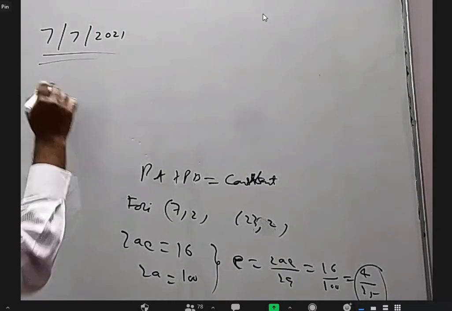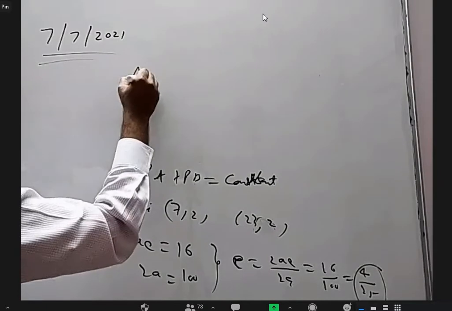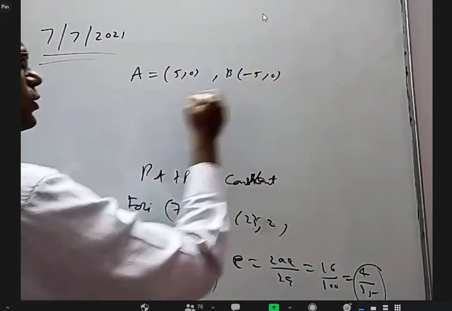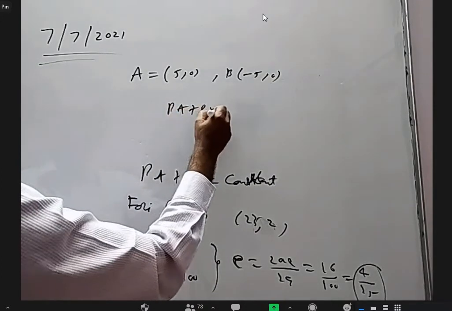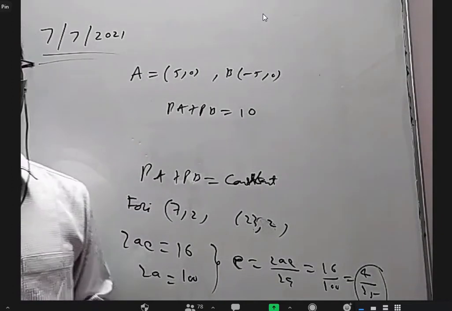Second question I want to tell, but before that, let me ask this question. A is (5, 0), B is (minus 5, 0), PA plus PB is equal to 10. What do you think will be the locus of this point?